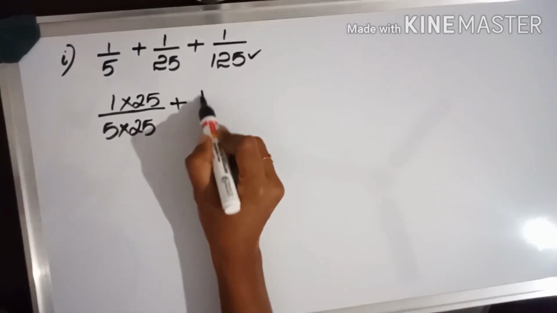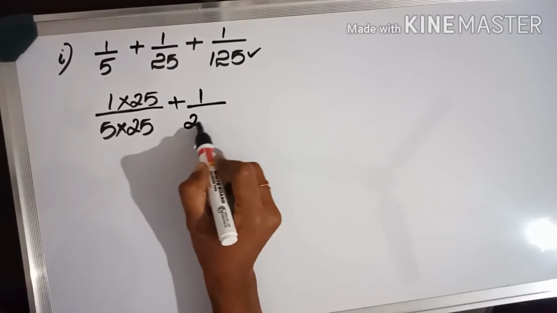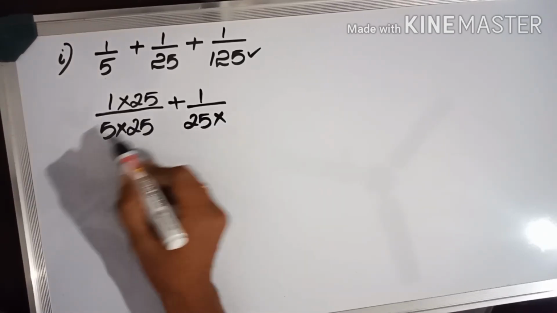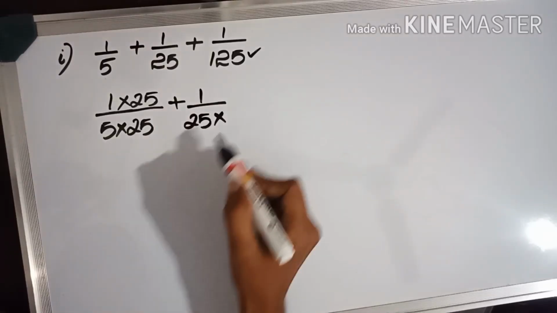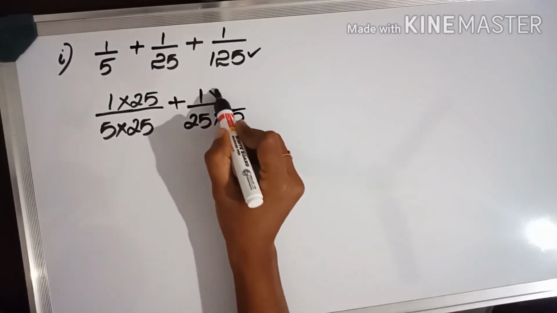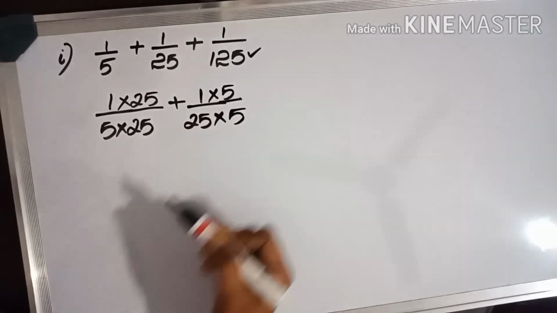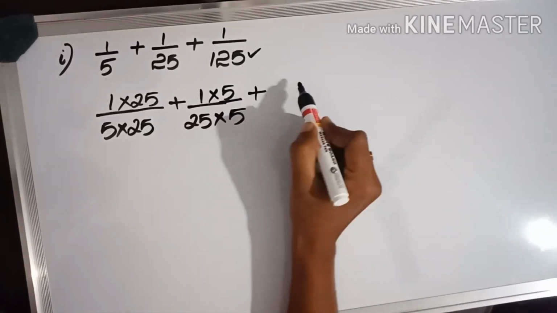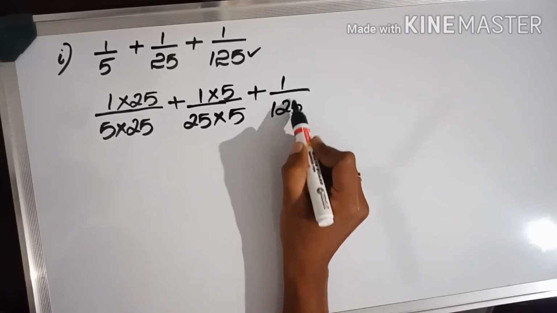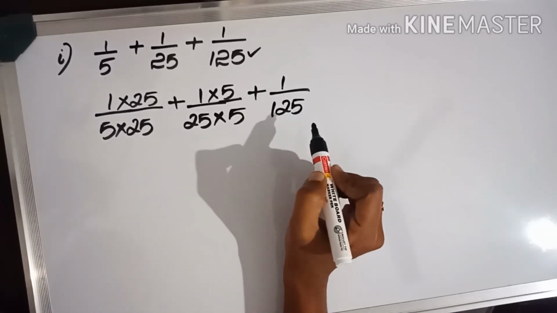Plus, the next number is 1 by 25. 1 by 25, into 5 will be 125. So here 25 into 5, and in the numerator also into 5. For the third fraction, there is no change because the denominator is already 125.